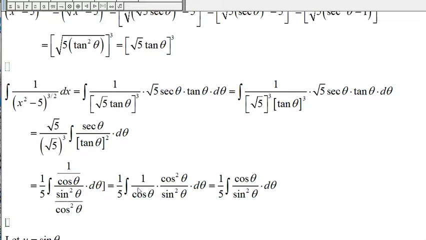And this right here is the same as 1 over cosine times the reciprocal of this, which is cosine squared over sine squared. Cosine squared dividing by cosine is just cosine. So we end up with 1/5 times the integral of cosine dividing by sine squared.